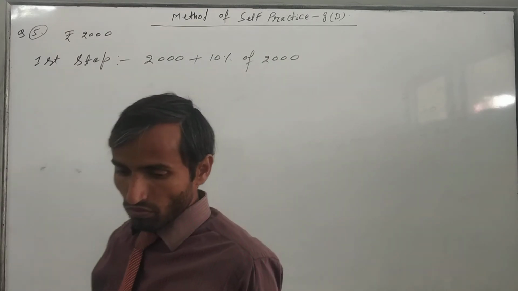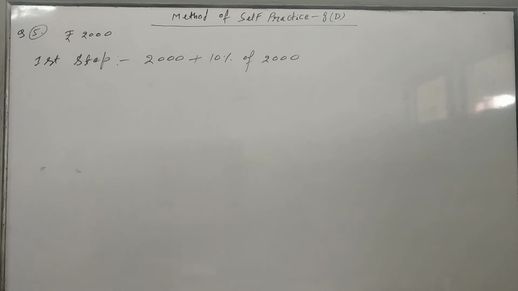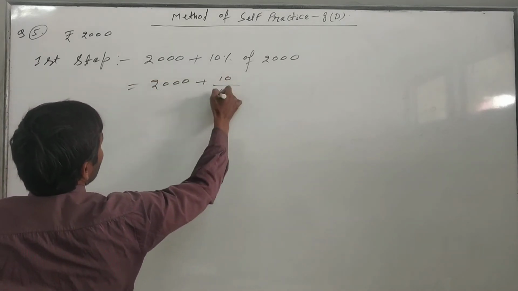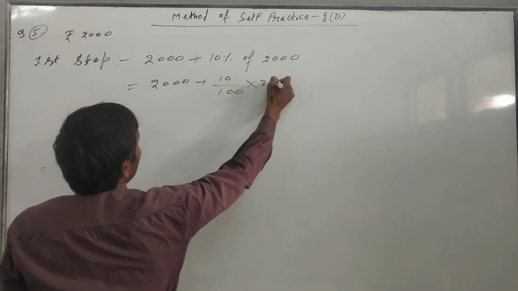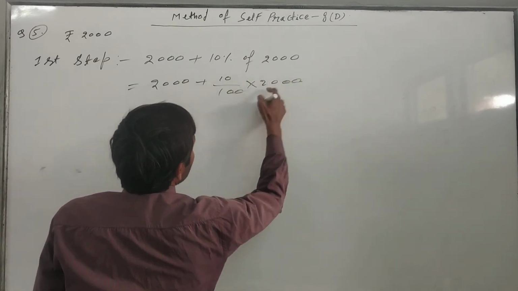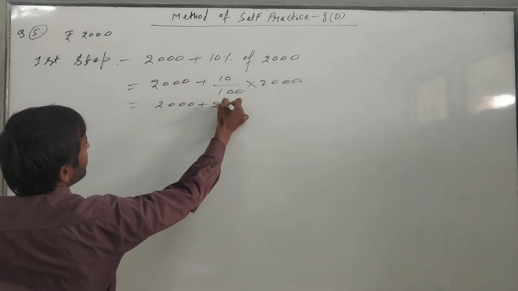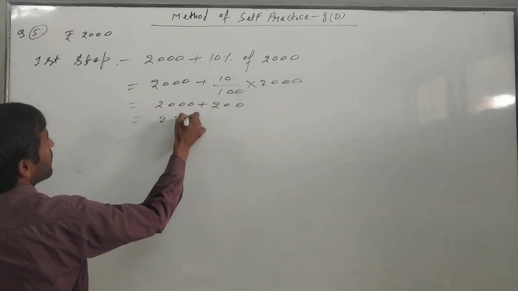So 2000 plus 10 upon 100 into 2000, then the 20s will cancel, it will come 200. So 2000 plus 200 will come 2200.